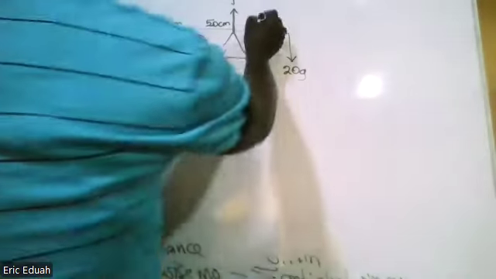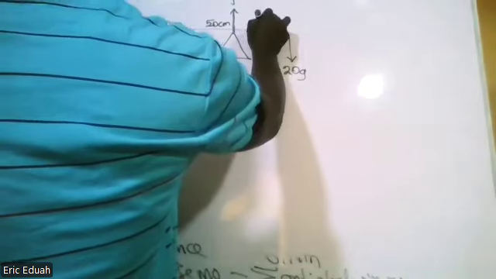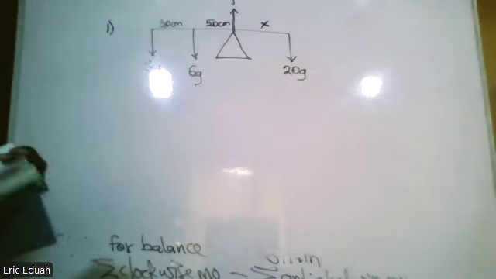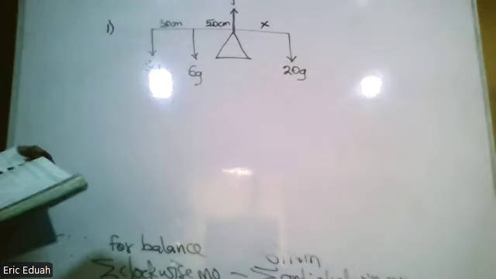The distance X is also not known. So find the unknown masses and the distance.